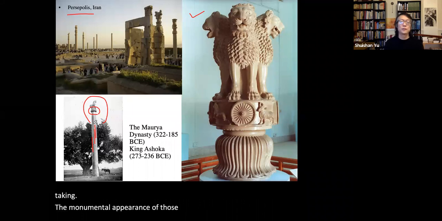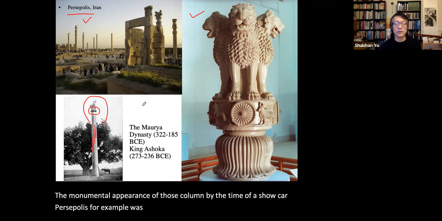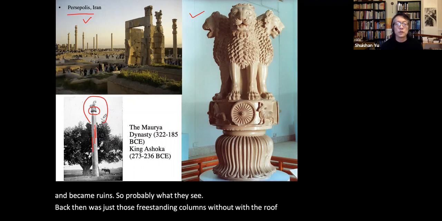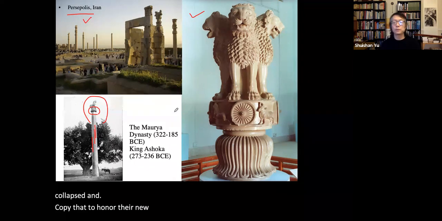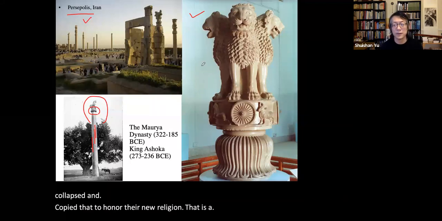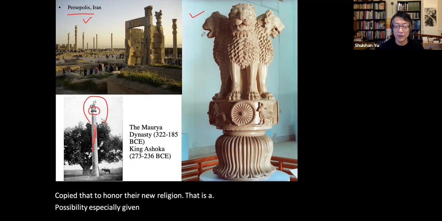By the time of Ashoka, Persepolis was already destroyed by Alexander the Great, and it became ruins. So probably what they saw back then was just those freestanding columns with the roofs collapsed, and copied that to honor their new religion. That is a possibility, especially given the stylistic similarity between the Ashokan sculpture and the Persepolis sculptures.